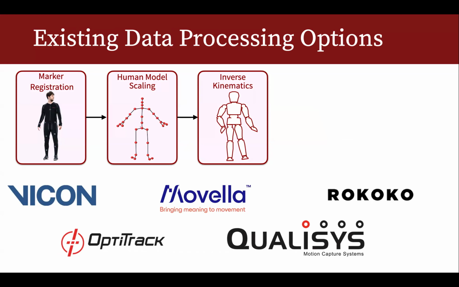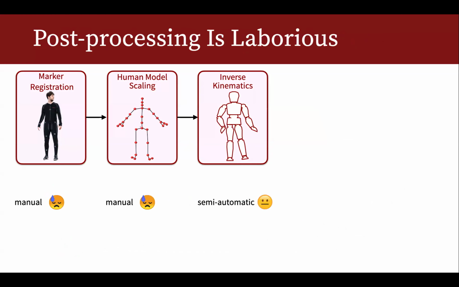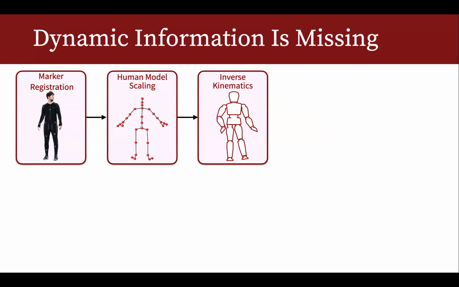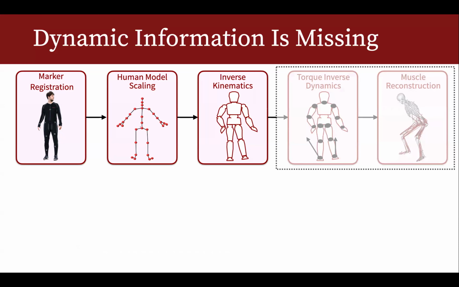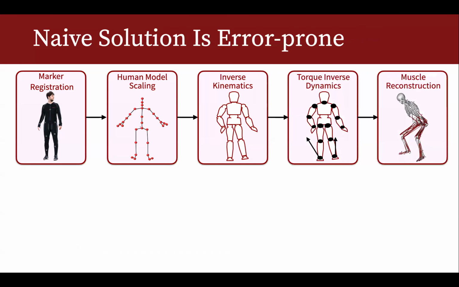There are just a lot of corner cases that will take days, especially for the large amount of data you want to process. Another reason that we need to innovate again on this old problem is because we want dynamic information. Most of the software that you can use today stops at the kinematics level. They don't give you torques, they don't give you muscle activation, and we want that.